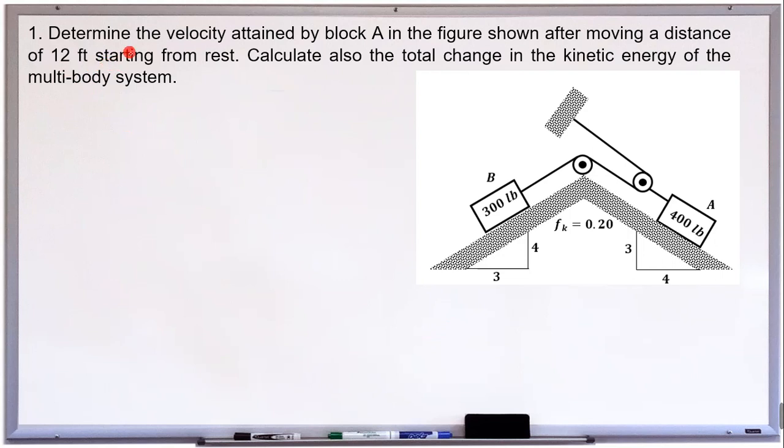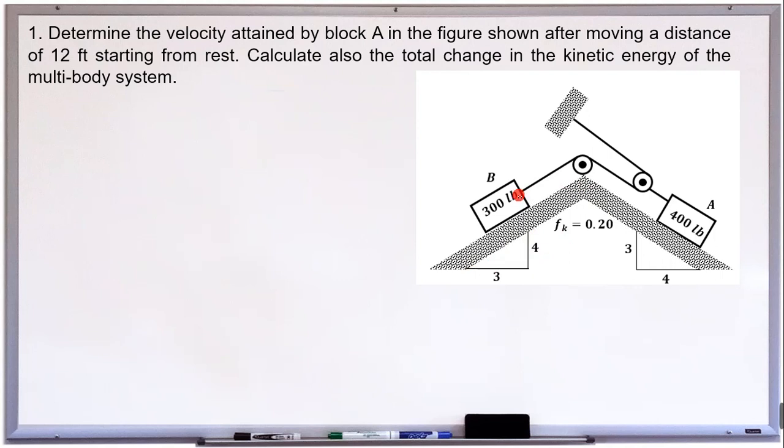Now let's have some example. Number one, determine the velocity attained by block A in the figure shown after moving a distance of 12 feet starting from rest. Calculate also the total change in the kinetic energy of the multi-body system. So this is our multi-body system. We have a 300-pound block B that rests on this inclined plane, whose inclination is equal to this triangle, wherein its run is 3 units, and its rise is 4 units.